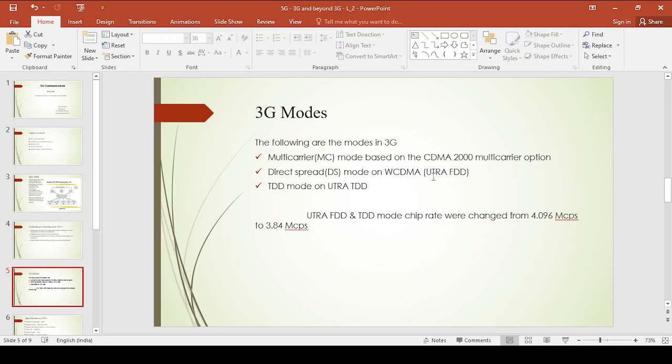UTRA is nothing but UMTS terrestrial radio access. You have to remember these abbreviations because they will repeat in future lectures also.